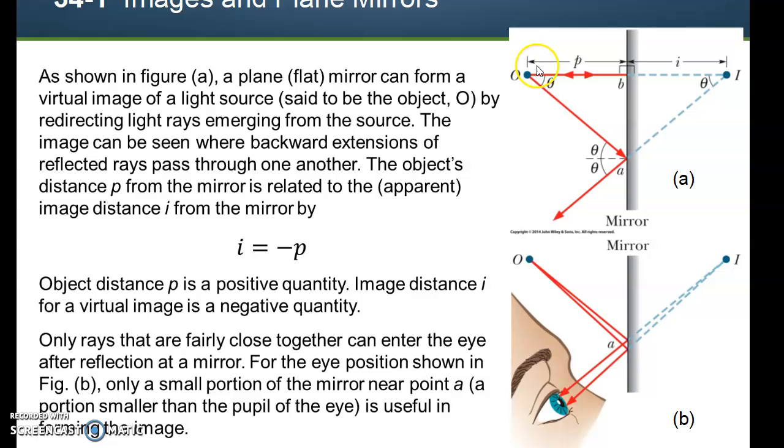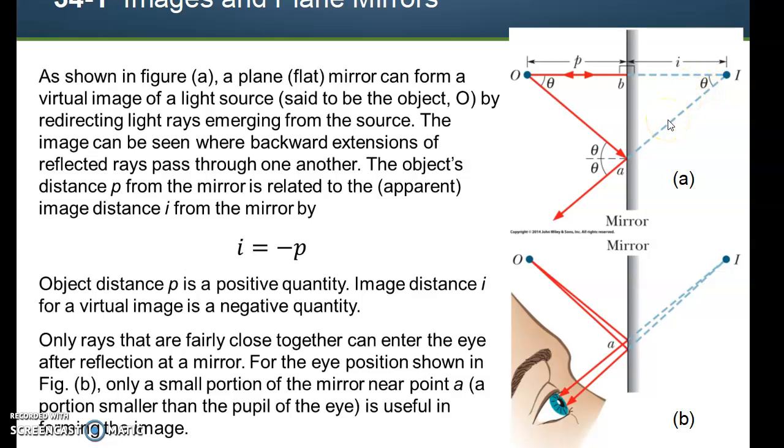If something was longer like this, it would be shown in this manner. The relationship is i equals minus p. The object's distance is a positive quantity, and the image distance is for a virtual image and is a negative quantity.